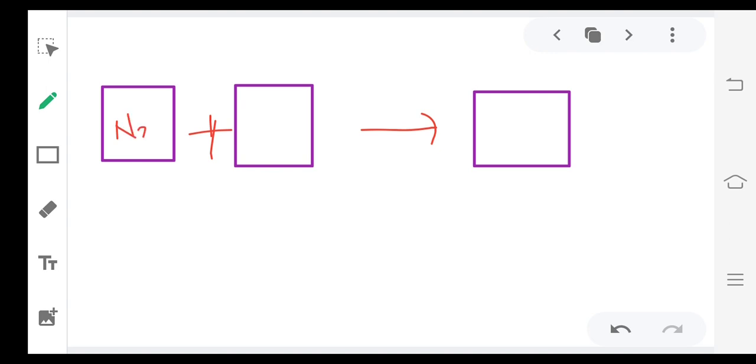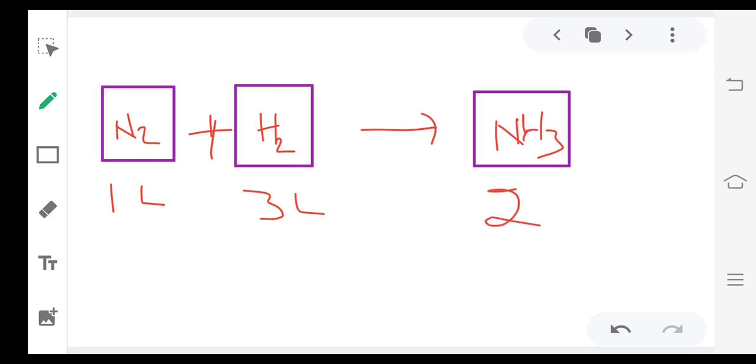So this is nitrogen and this is hydrogen, and the nitrogen and hydrogen combination will give ammonia as the product. Suppose I have taken 1 liter of nitrogen here and 3 liters of hydrogen, then I am getting 2 liters of ammonia.